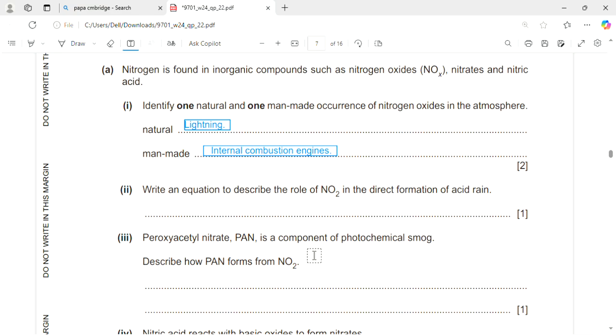So another question. Write an equation to describe the role of the NO2 in the direct formation of the acid rain. So, role of the NO2 in the direct reaction.